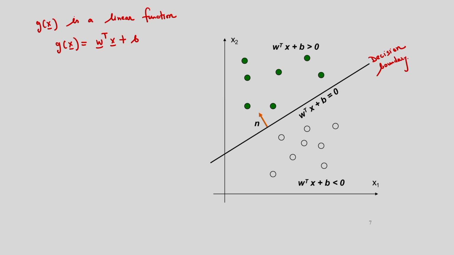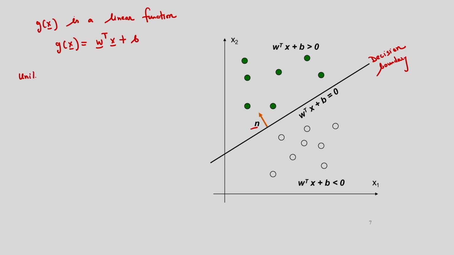It is a two-dimensional feature space, so I will get a line. If I consider a high-dimensional feature space, I will get a hyperplane in the feature space. Here I am considering one unit vector, n, the normal vector of the hyperplane.